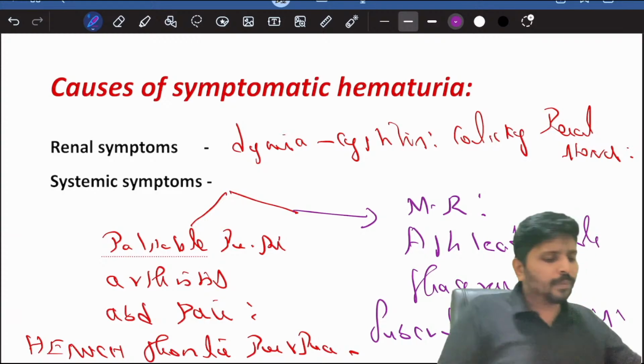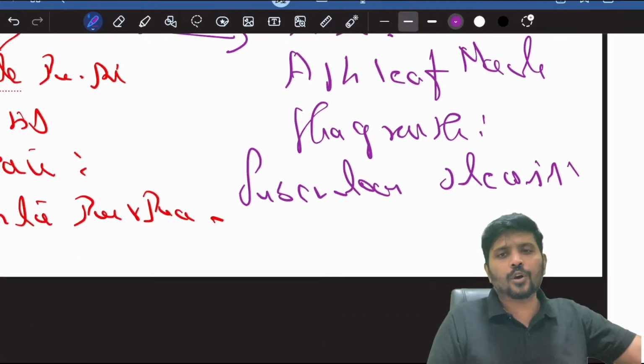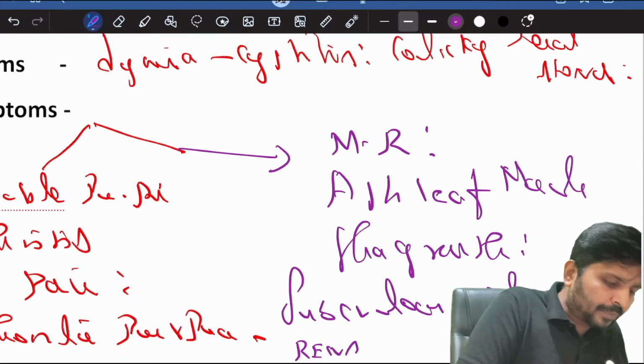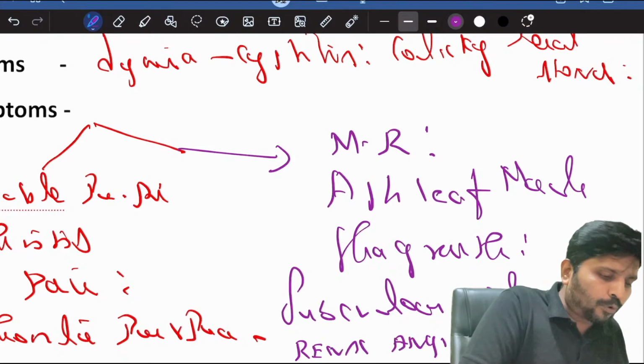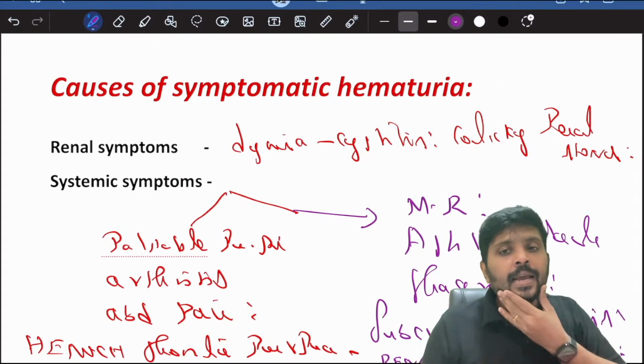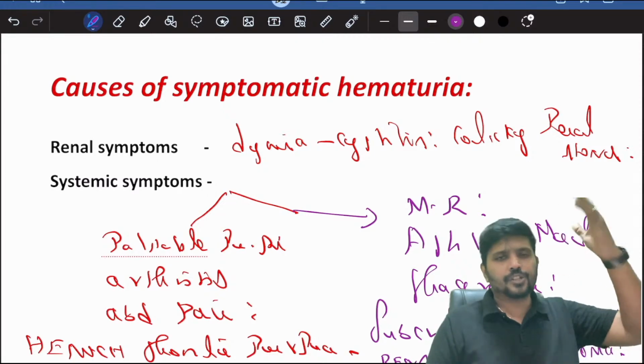Because tuberous sclerosis, which is a neurocutaneous syndrome, is associated with renal angiomyolipoma. That is associated with gross hemorrhage. That is nothing but a hamartomatous malformation.